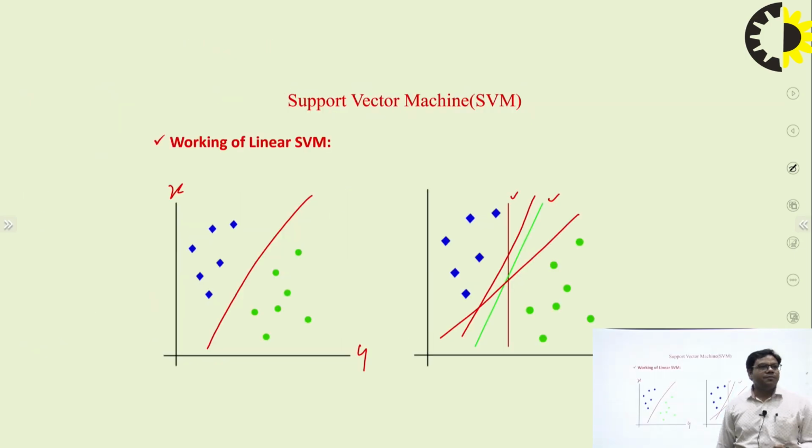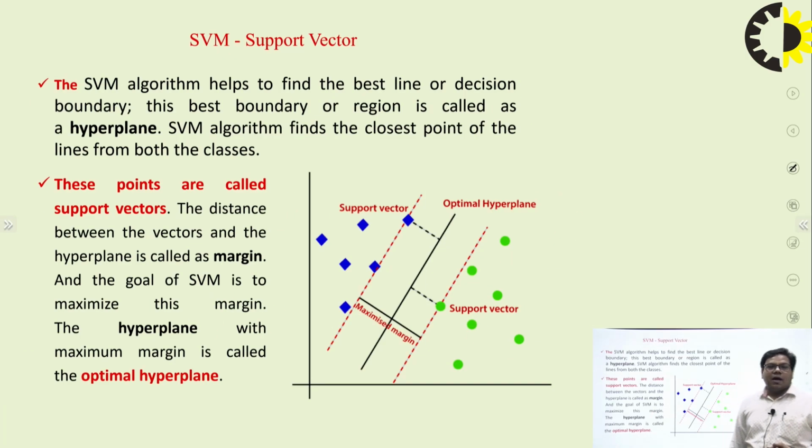So, coming further. The SVM algorithm, as we already have an idea, has the best line or decision boundary. The best boundary or region is called the hyperplane. This is called the hyperplane. And the SVM algorithm finds the closest points of the lines from both classes.